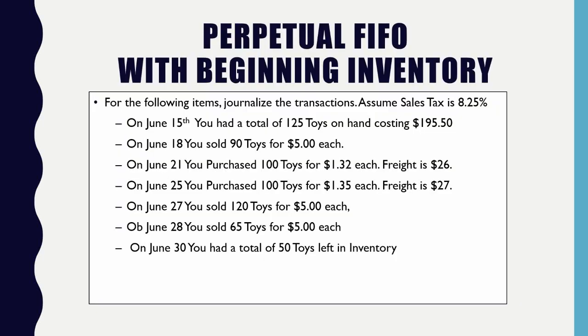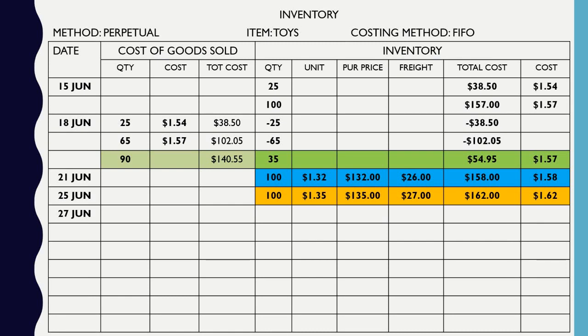So then on the 27th, you end up selling another 120 toys for $5 each. So once again, looking at the batches of inventory, which one am I going to take out first? You still have a 35, no?